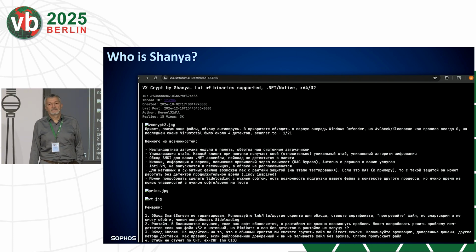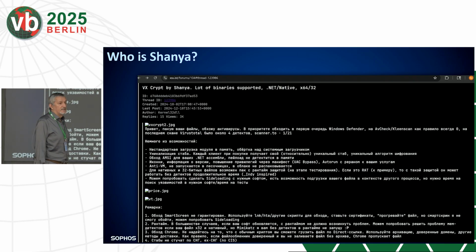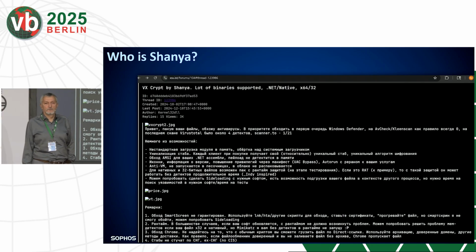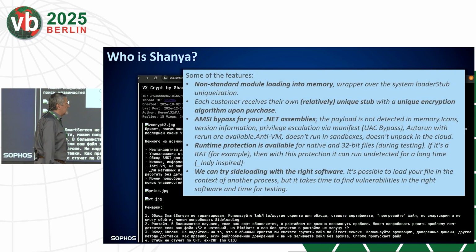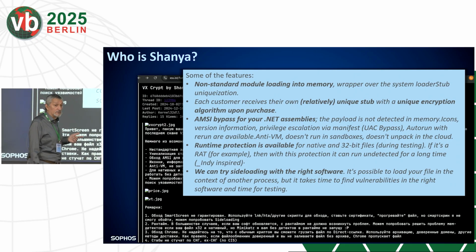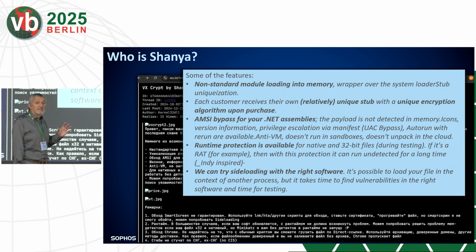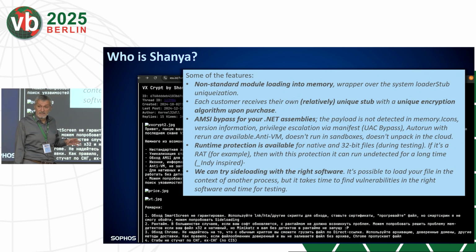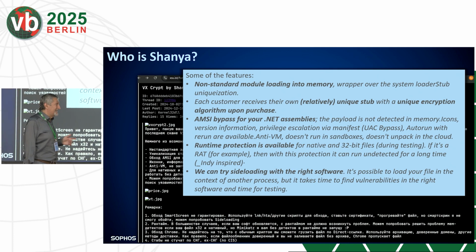Additionally, we have found an advertisement on the XSS underground forum announcing this VX script by a developer called Shanya. The capabilities included non-standard loading in memory, Unix stub, MC bypass, runtime protection, and also the ability to use these samples in a side loading scenario, which really matched what we have seen in the samples that we found in the wild.